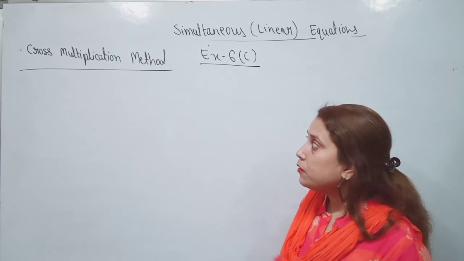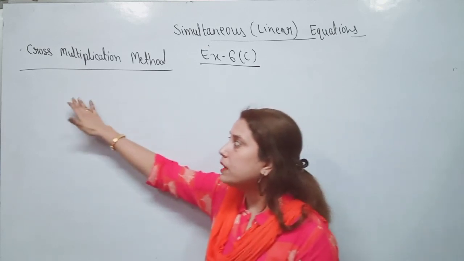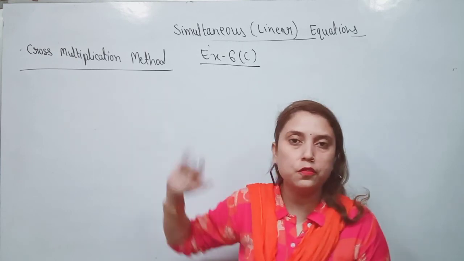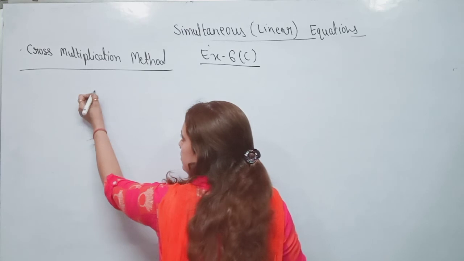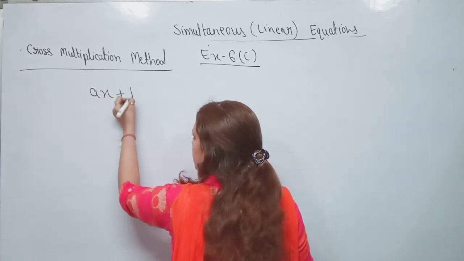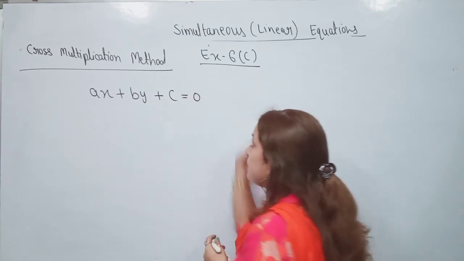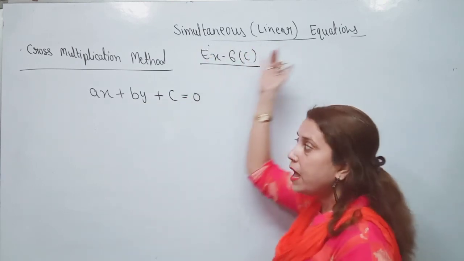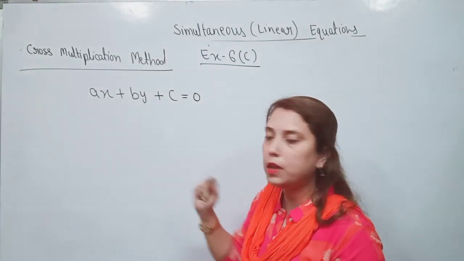In the cross multiplication method, first we write down the linear equations in standard form, and we know that the standard form of a linear equation is ax plus by plus c is equal to 0. Here it is a pair of simultaneous linear equations, so there will be two equations.